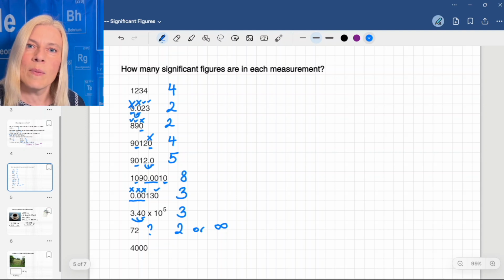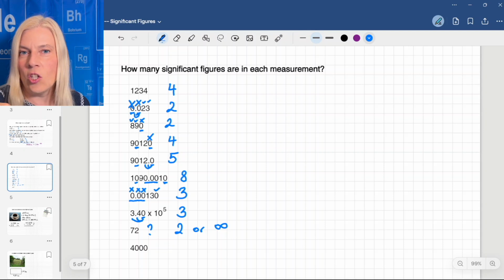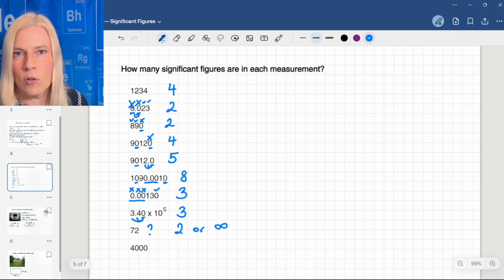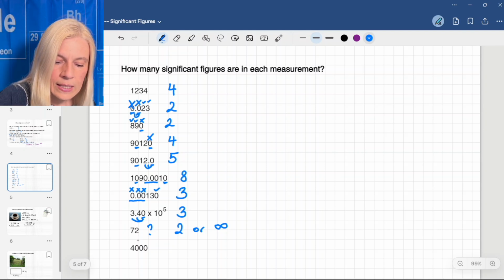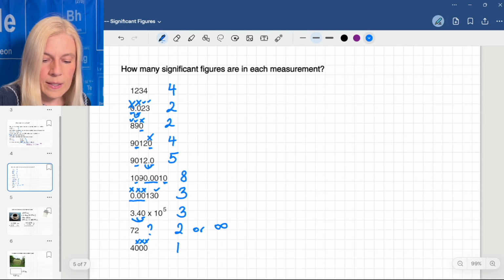Remember, your tick marks are every 10 milliliters apart, and you are estimating the 1 milliliter. So it could be 2 sig figs, or it could be infinite, depending. Actually, you need more information here. And right here, I'm going to say these zeros, no, that's an estimate, so 1 sig fig.